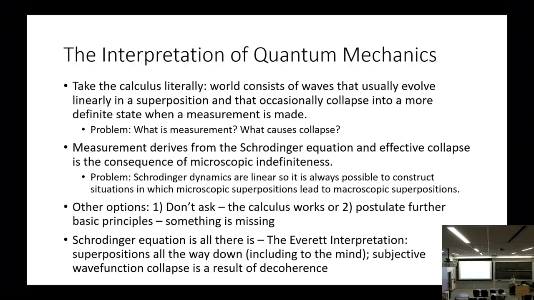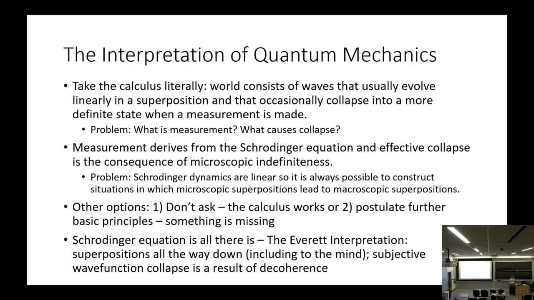That would be okay. And maybe those macroscopic states decohere from each other with only minimal interference effects between them. So maybe. And then the other options are, okay, don't ask, it works. Maybe we're missing something, and there's some other fundamental postulate that's out there to be determined.